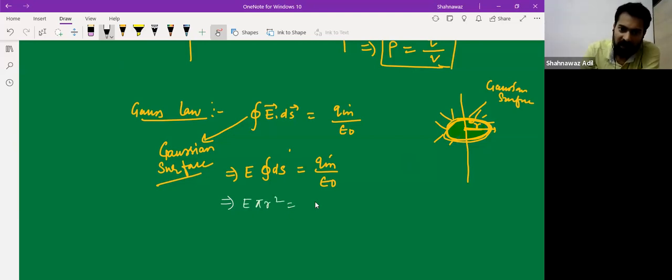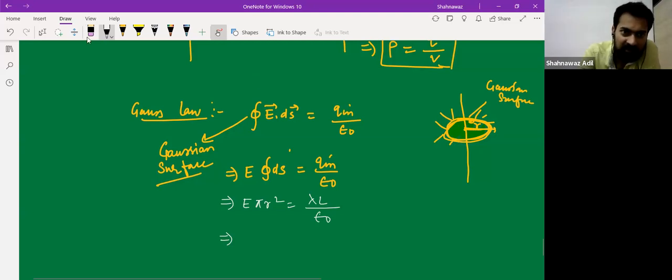And Q enclosed is lambda L, upon epsilon naught. So this would be... okay, I missed something. We should not take this.